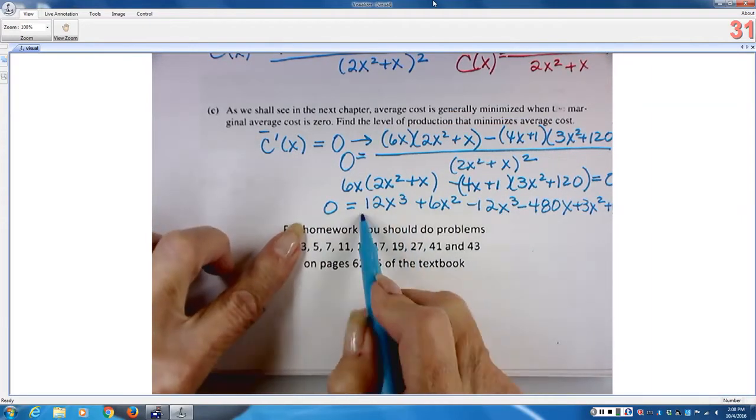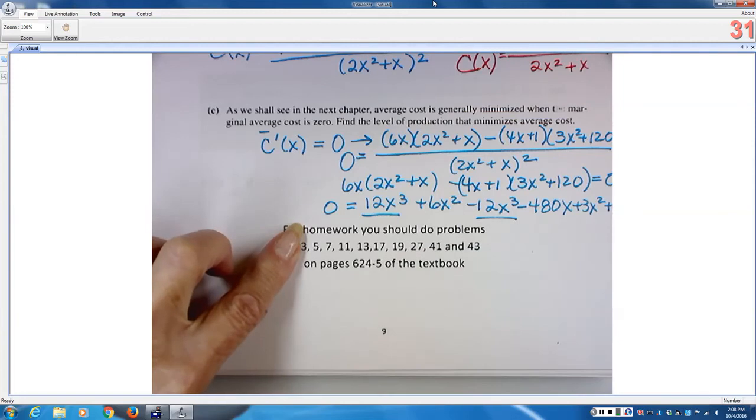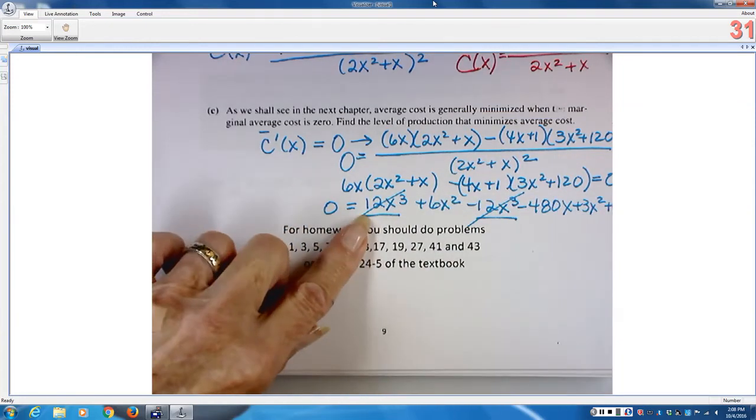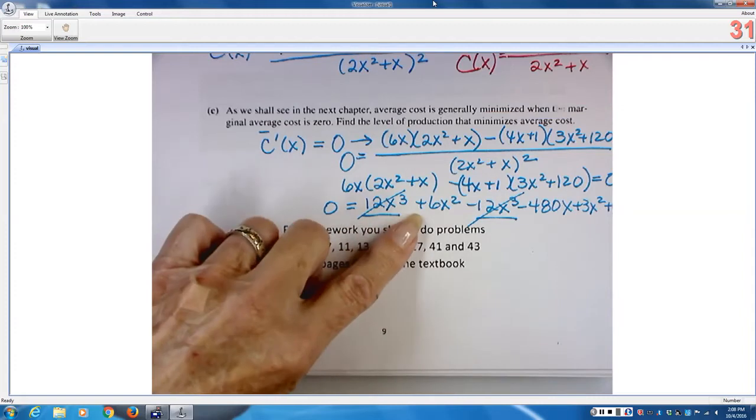So let's see, I've got 12x cubed minus 12x cubed. Good, that disappeared.